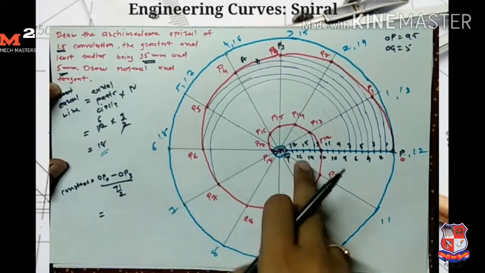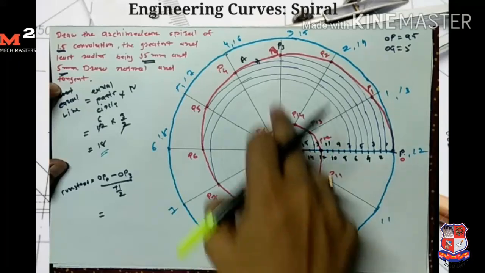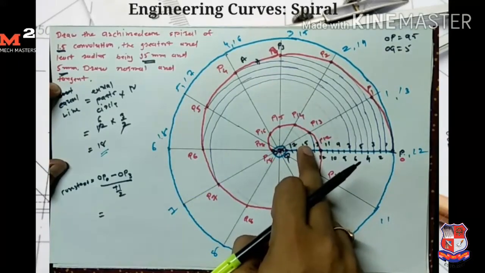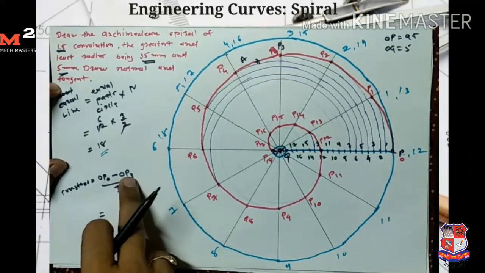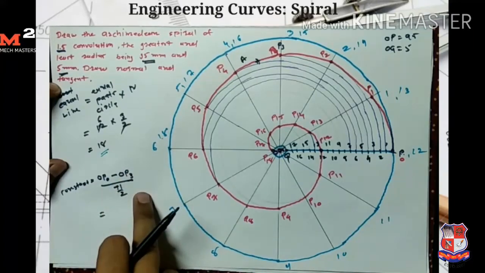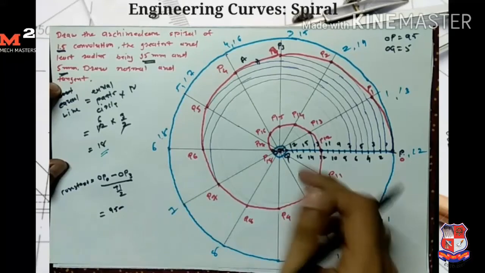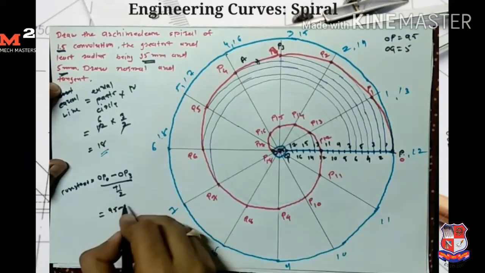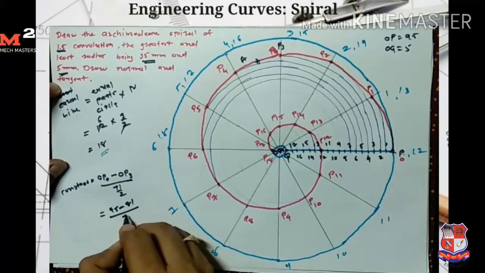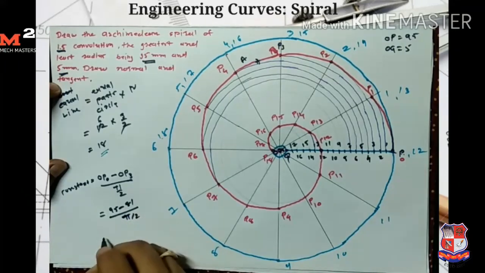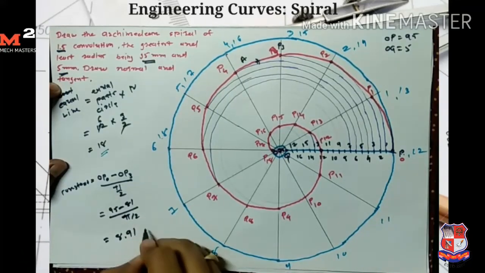Here I take OP0 and OP3, so the angle is pi by 2. So I take OP0 minus OP3 divided by pi by 2. Here distance OP0 is 95 mm, and we measure this distance OP3, it's 81 mm, divided by pi by 2. So I get the value of 8.91 mm.